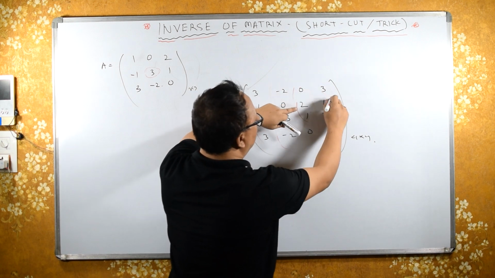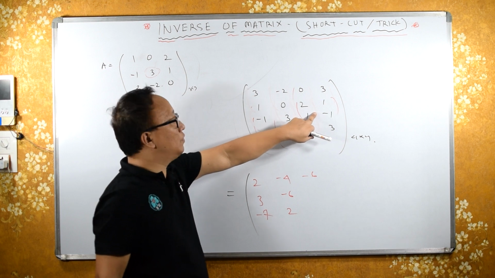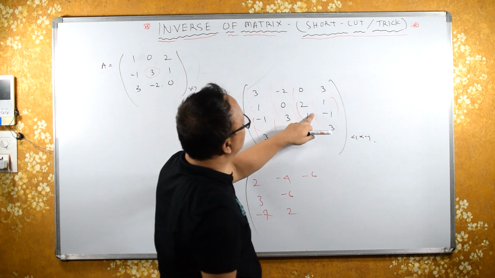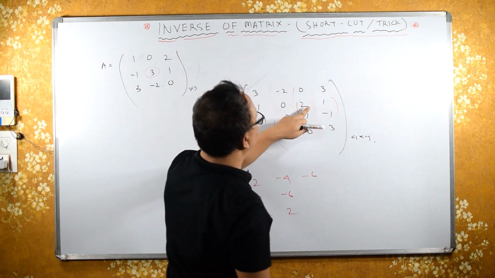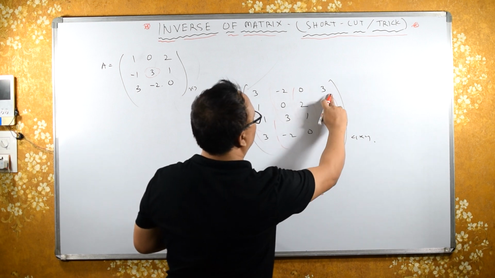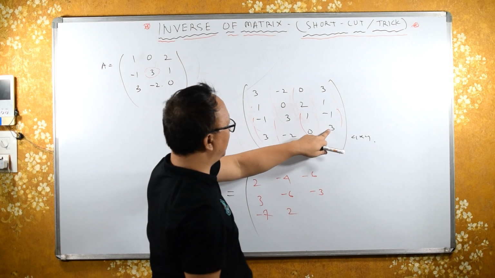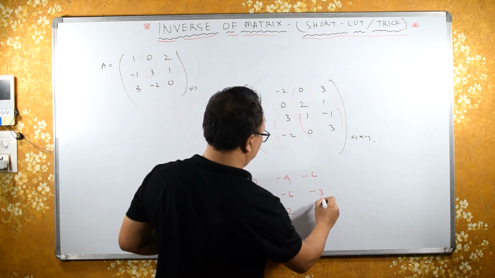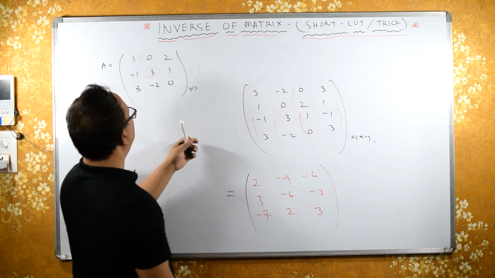And over here this will be minus 2, minus 1. Here minus 2, minus 1 is minus 3. And here is minus 3 as only 3. And 0. Now this is the adjoint for this.